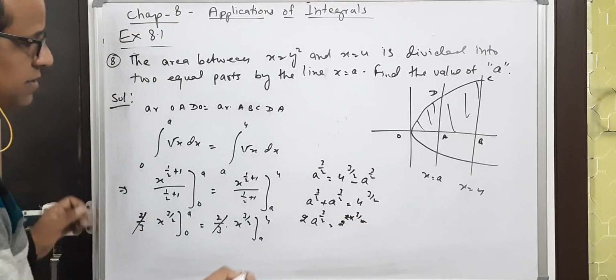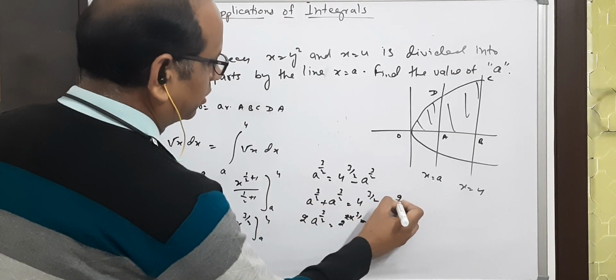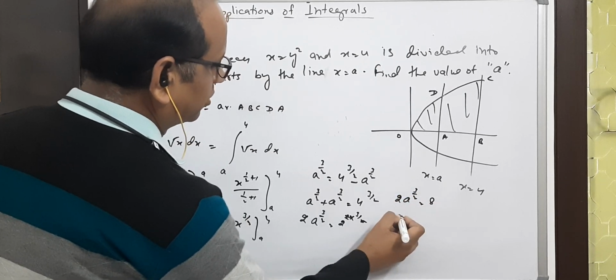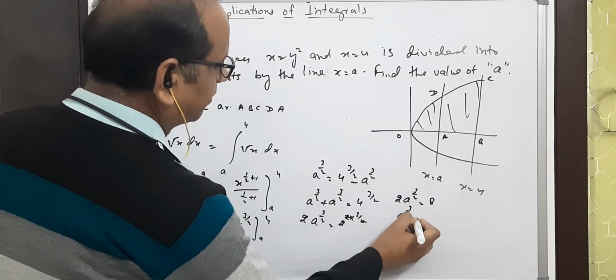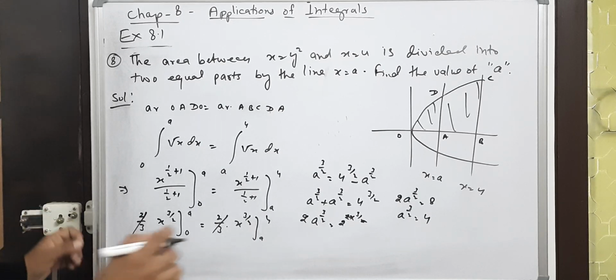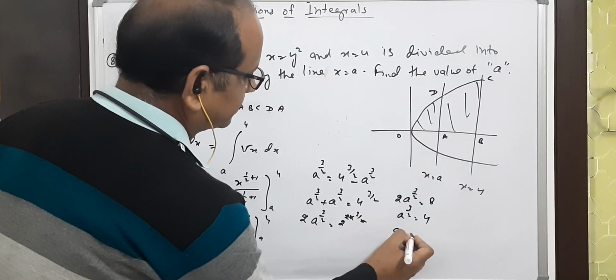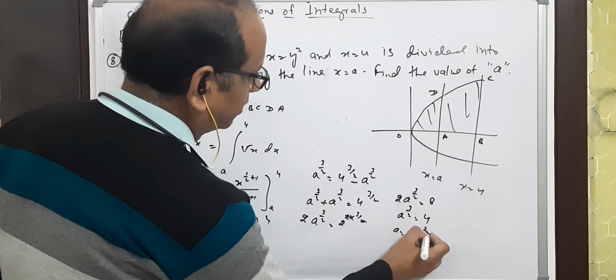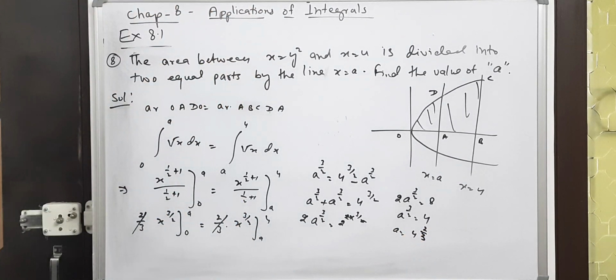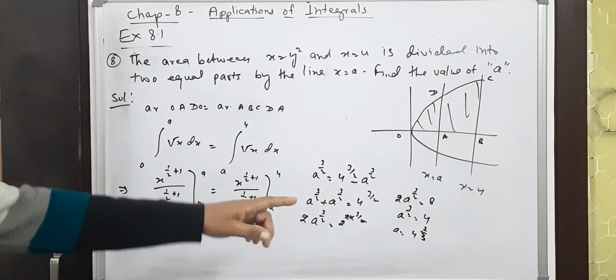This 2 and 2 cancel here. So here 2a power 3 by 2 equals to 8, or a power 3 by 2 equals to 4. So now we can write this a as 4 power 2 by 3. So the answer of this problem is 4 power 2 by 3.